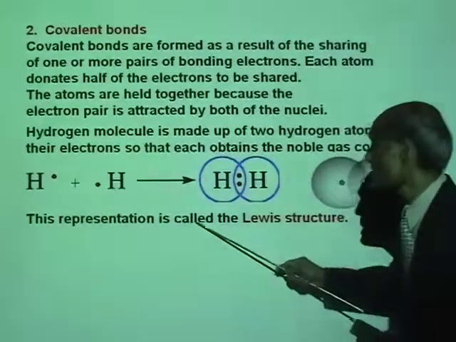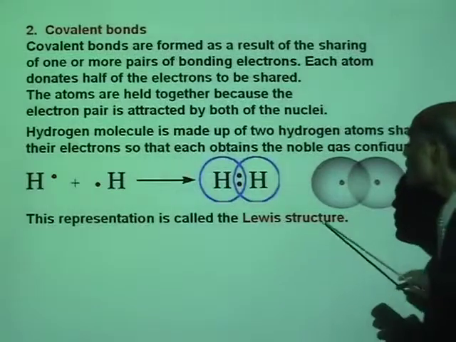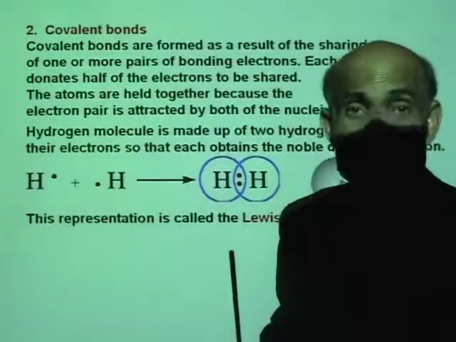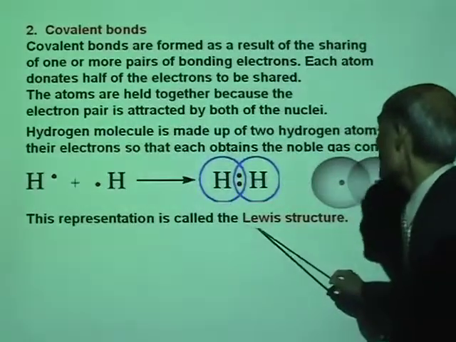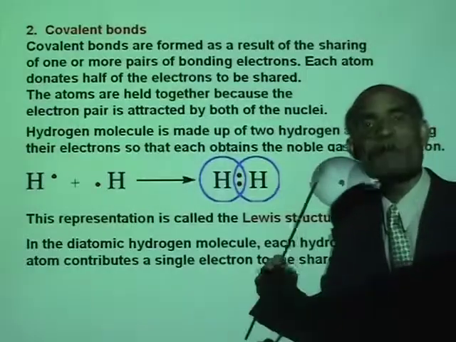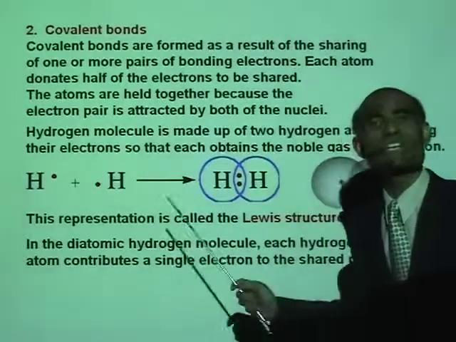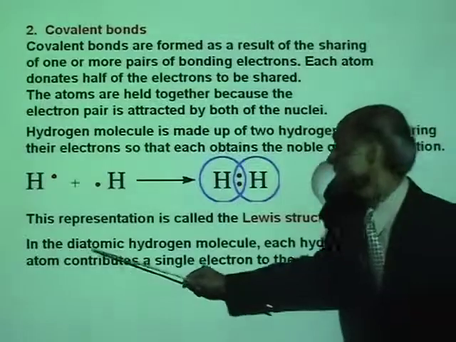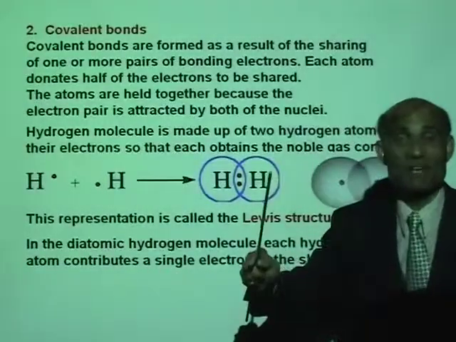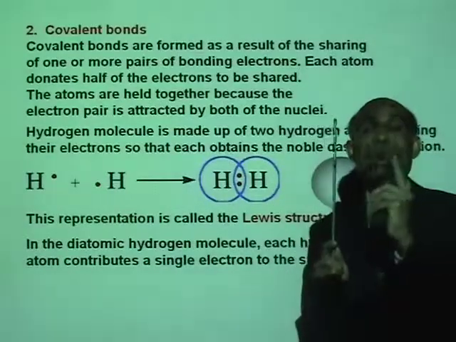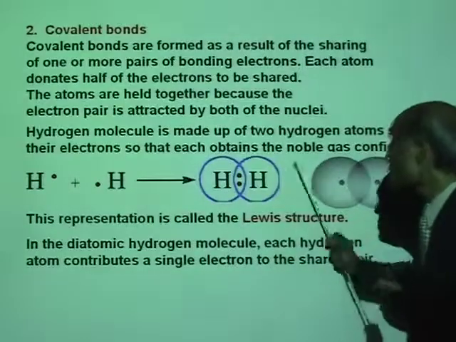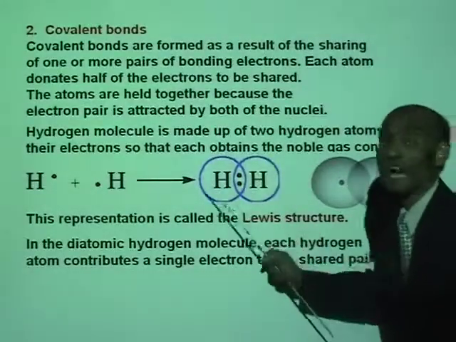Now this representation is called the Lewis structure. So every covalent molecule can be represented by a Lewis structure. Alright? You must learn to make the Lewis structure for these simple molecules. In the diatomic hydrogen, why is hydrogen called diatomic? Because hydrogen always exists as combinations of 2 atoms, diatomic.